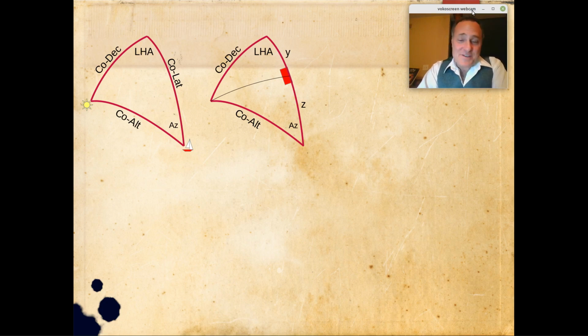Now, I'm doing this just for fun. You don't have to use this, but this is how I first discovered how to solve the navigational triangle. We are going to cut this angle, we're going to drop a perpendicular to the colatitude.